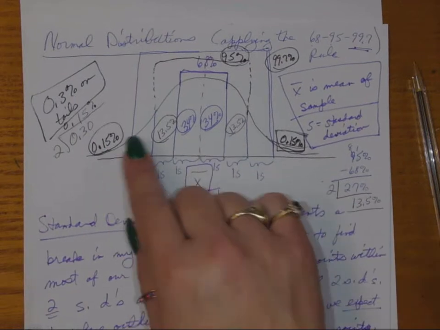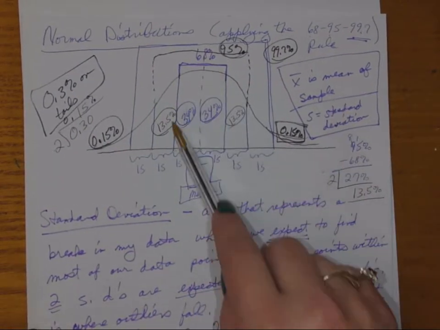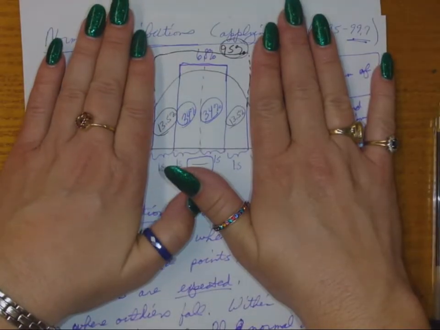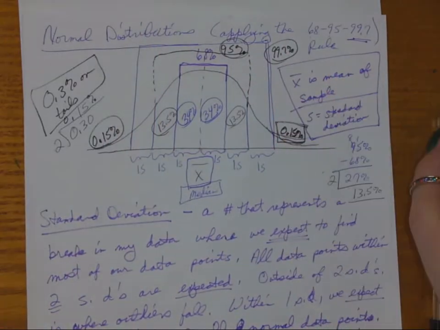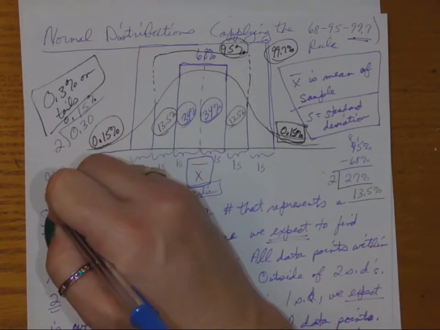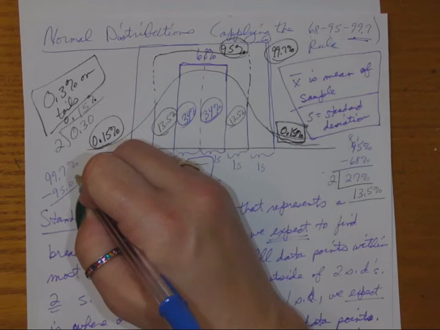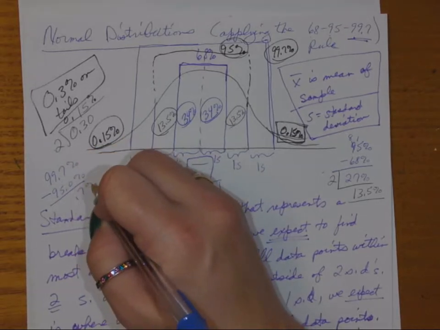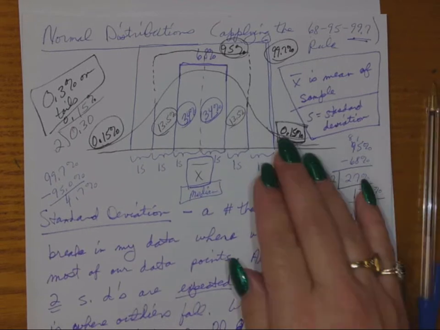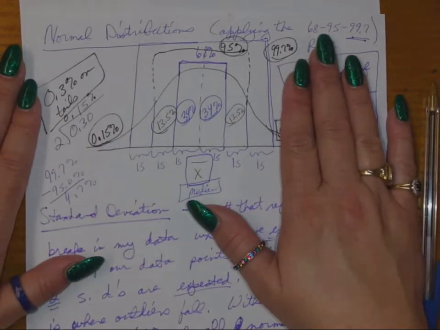I've got 2 more to do, so let's do them real quickly. Think about it. 95% is taken up in these 2 standard deviations from the mean. I've got 99.7%, so what's the difference there? Okay, 4.7%, it's not much, right? That's in these 2, okay.